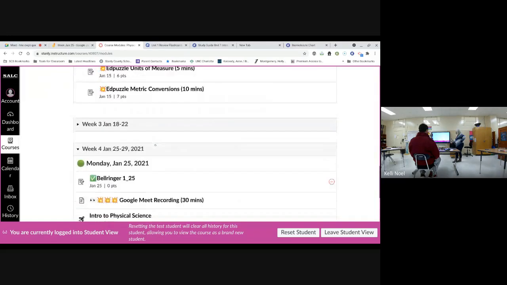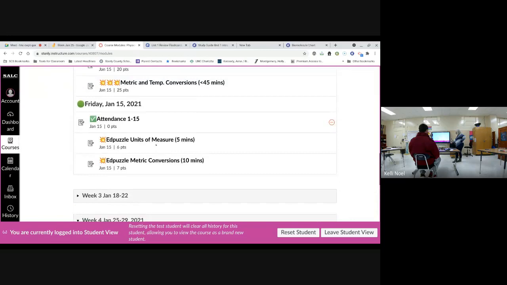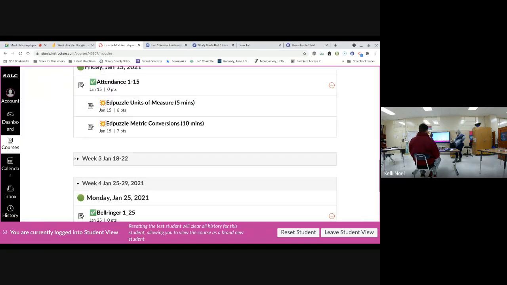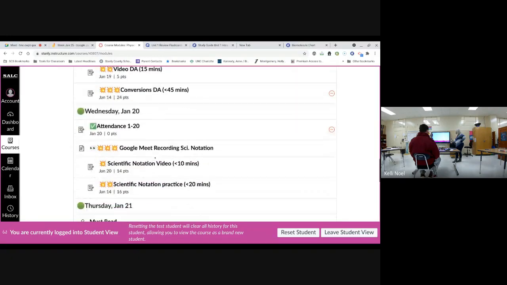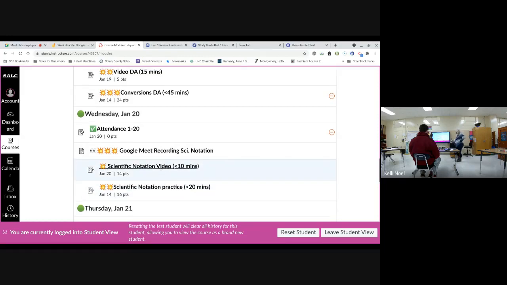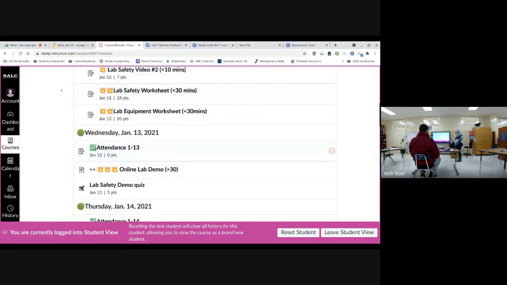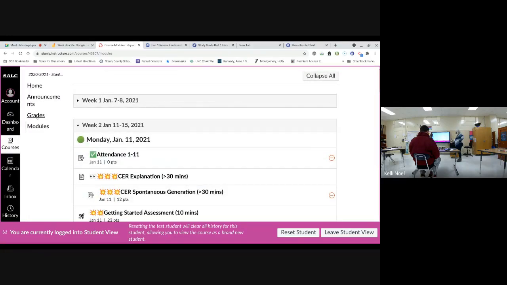It looks like I moved it, even though I didn't change the date. So once in a while you may have to scroll until you find it. So it's way down here. Notice it says the 14th. I forgot to change it to the 20th. So you may have to do a little searching for it that way. But that's where you can always go to grades to see what's missing.